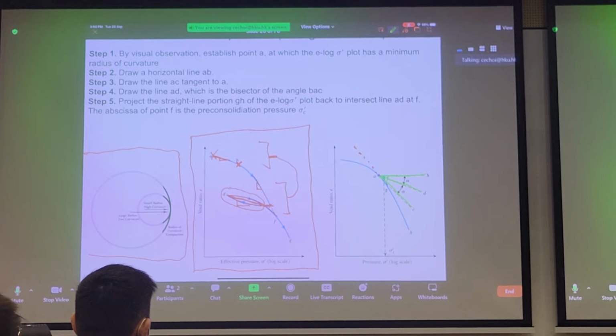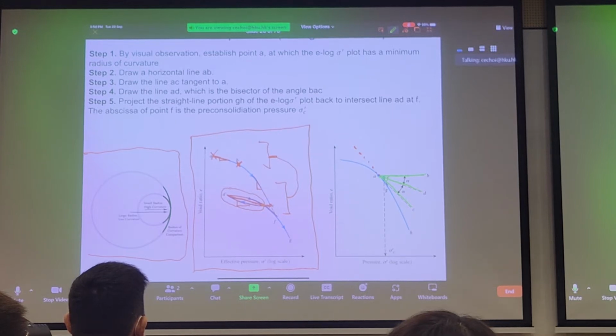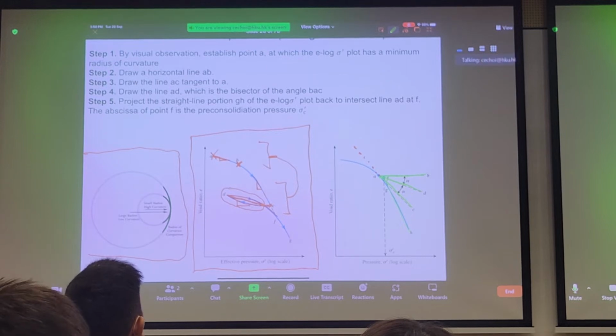So the last step after bisecting the angle BAC is you draw a straight line that's somehow proportional to the second part of your curve, back to intersect line AD at point F. So we have some sort of line here. And we can then say, look, we have point F, and we extrapolate down to the x-axis, and this is our pre-consolidation pressure.